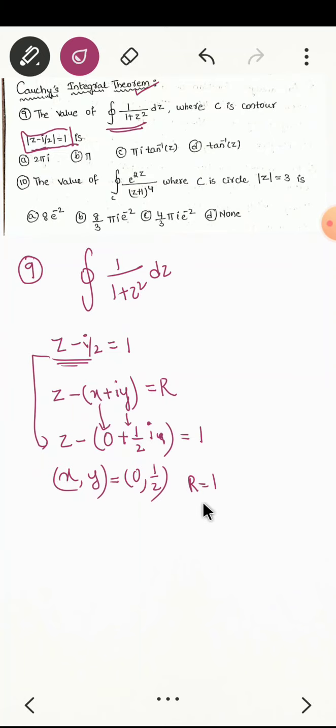Then what you have to do? Draw the contour by taking the center as 0 comma 1 by 2.